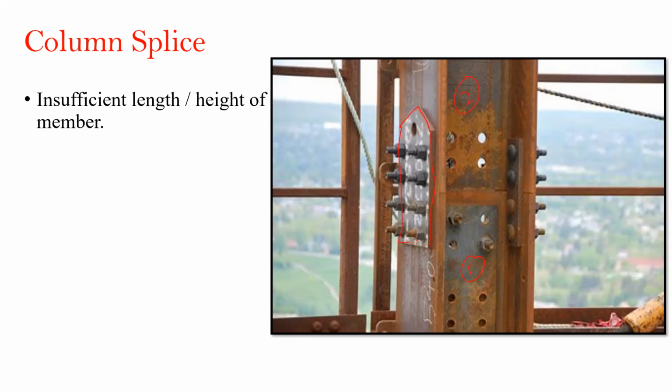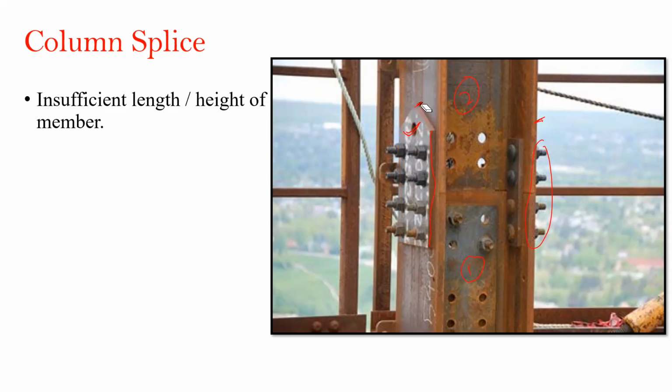These plates are called splice plates. The splice plates are provided on either side of the column flanges. You have the splice plate along this end and also along this end. You can only see the bolts on the other side, right?